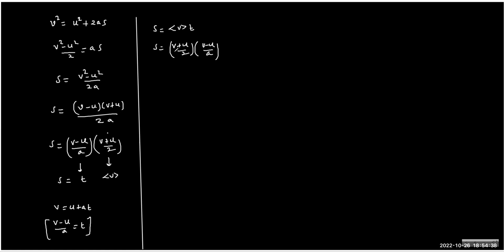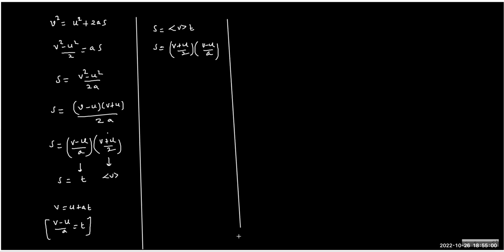So you can derive in reverse order also by writing v average into time, where v average we write as (v plus u) by 2. I'm writing this just to show you that these are the manipulations you should be familiar with, so that when you solve the question, these manipulations come to your mind naturally or instantly.